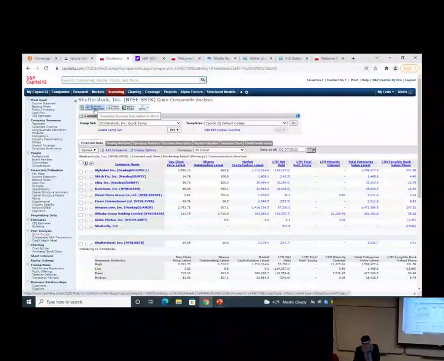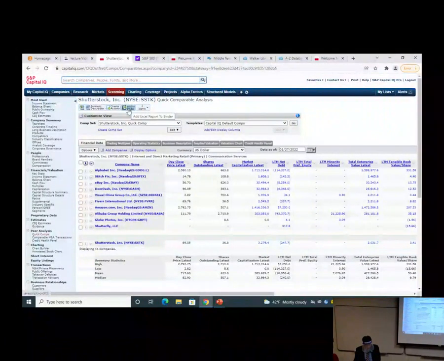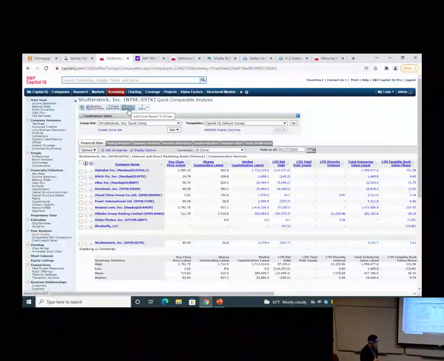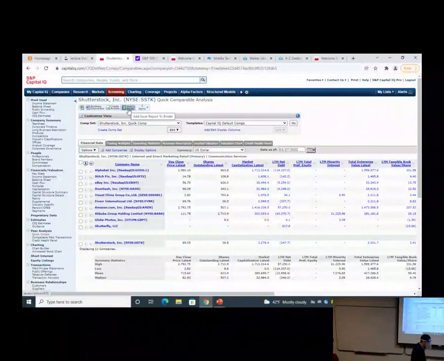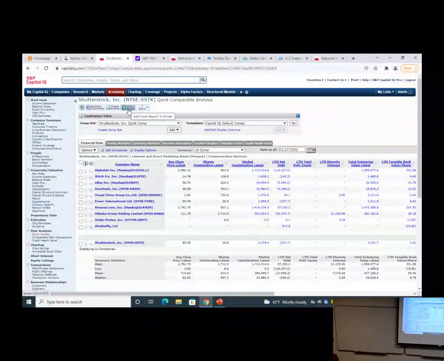You can download those things using the Excel function here. But when you do downloading, you will get way more things than you need. When you go through this database, you really want to collect the things that you need. They will show you everything, but you pick the things that you need the most.